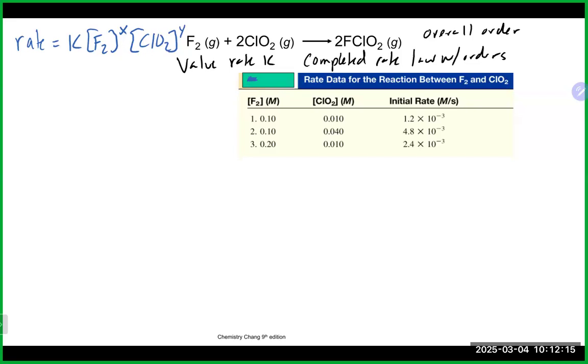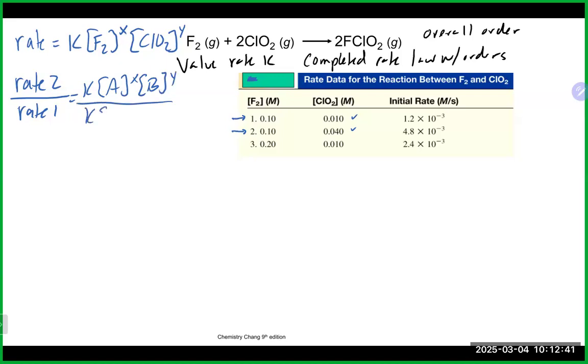Looking at the table, we can see again that in experiment 1 and experiment 2, the concentration of F2 stays the same while we have variable concentrations for our other reactant. That's essentially what we're looking for. We want to use this generic formula to solve for this, picking 2 entries from the table where one of the reactants stays constant and the other one varies.